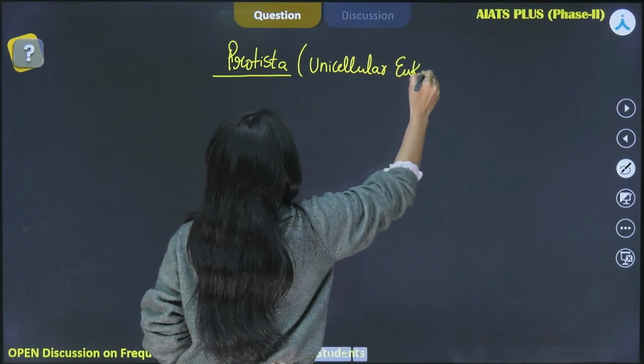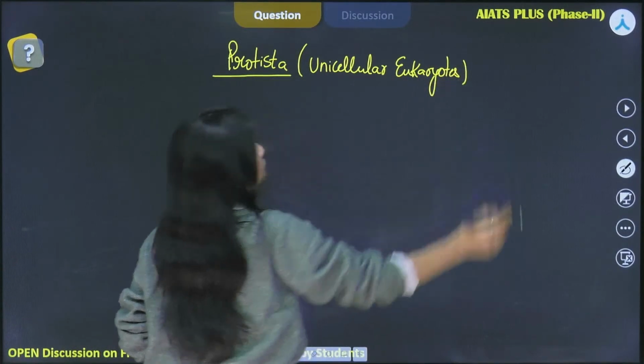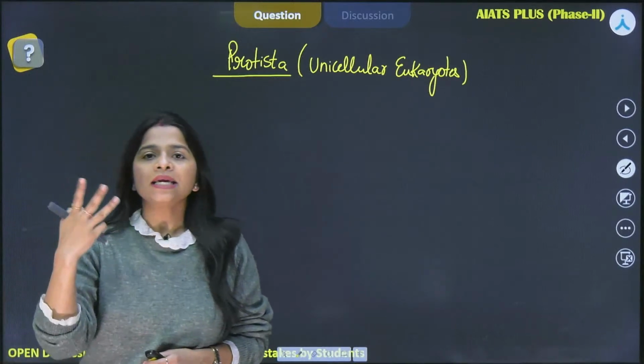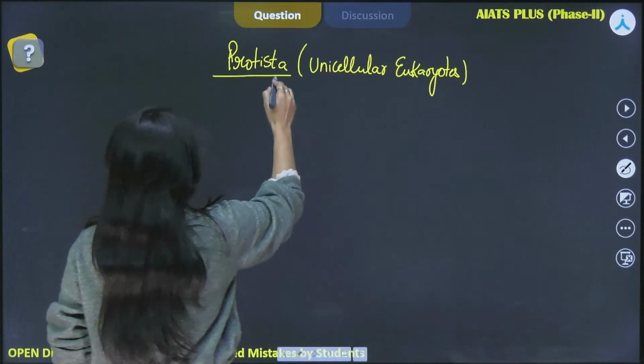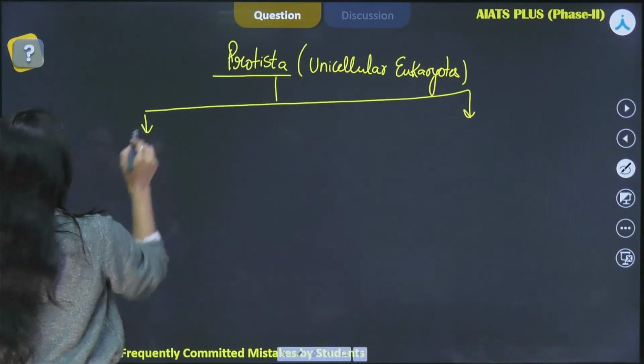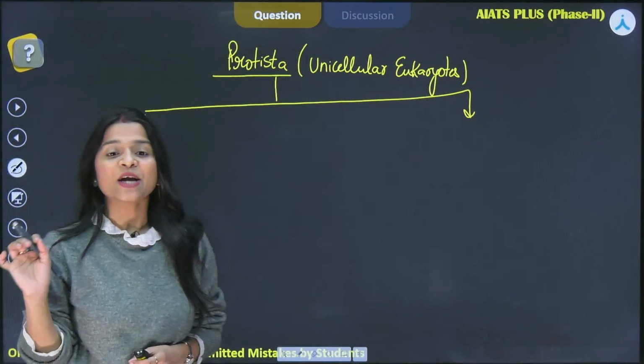Now we divide this kingdom into 3 categories. The first one is the photosynthetic protists.